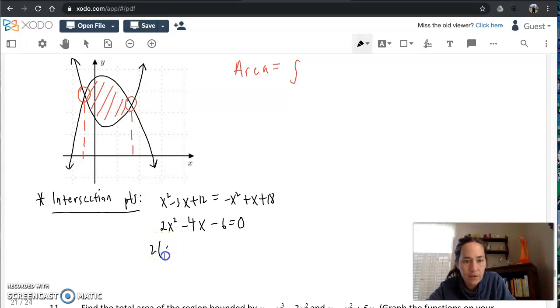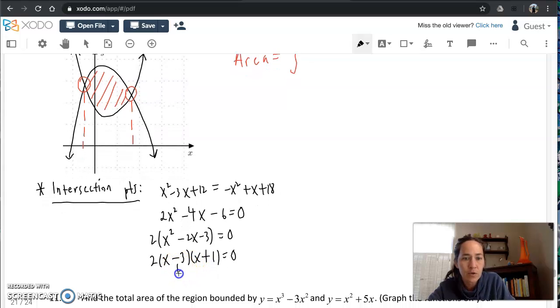You can GCF out a 2, 2 times x squared minus 2x minus 3, and then this will factor pretty conveniently to get, I think, the same values, hopefully, that Desmos was giving us, a 3 and a 1, with the 3 negative, the 1 positive in the factoring, with 2 solutions. Positive 3 the graphs are going to meet, and negative 1 the graphs are going to meet. So 3 and negative 1.